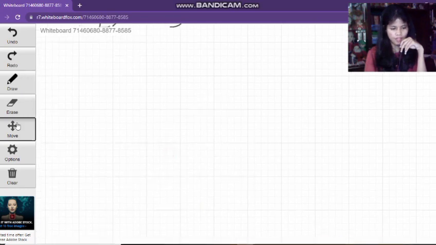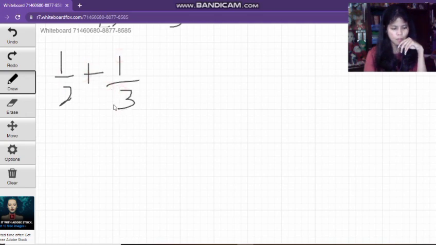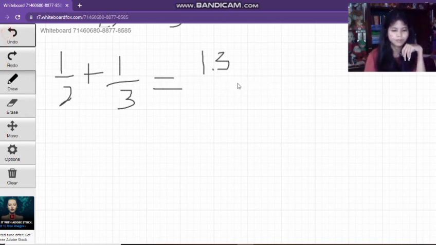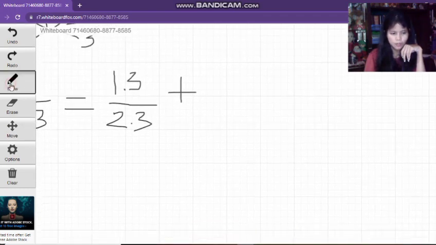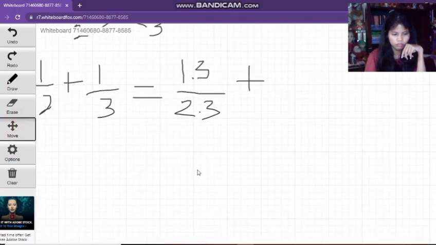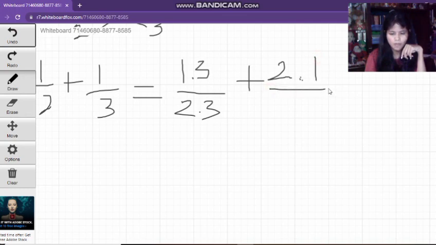You can write like this: 1 over 2 plus 1 over 3 is equal to, with cross multiplication, the first numerator multiplied by the second denominator, over the first denominator multiplied by the second denominator, plus 2 multiplied by 1 over 2 multiplied by 3.